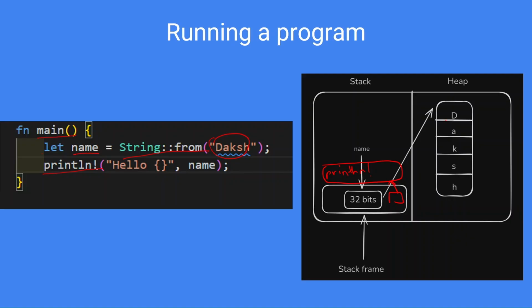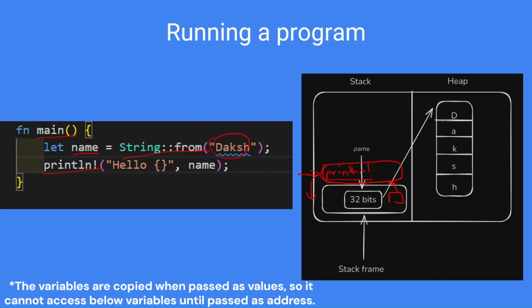When we come across println, we create the stack frame here. And now as the function is going to end, one thing I have not told is that the top stack frame can access the data of the below stack frames. So name variable will be accessible to this println function.